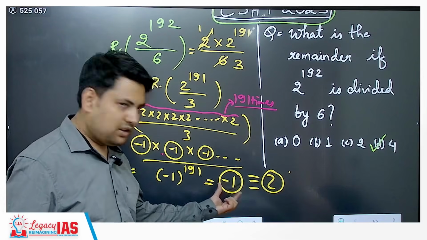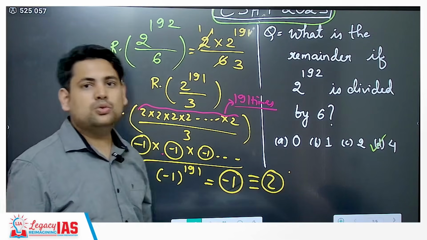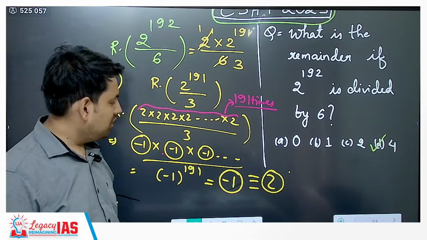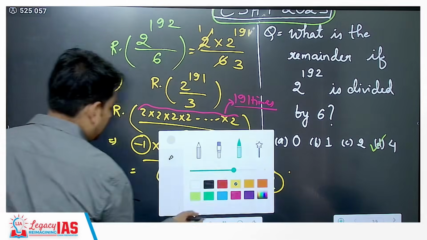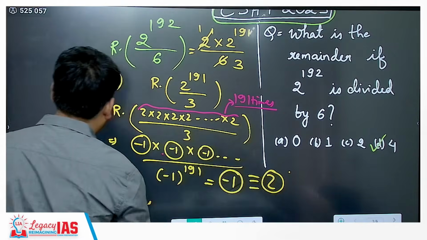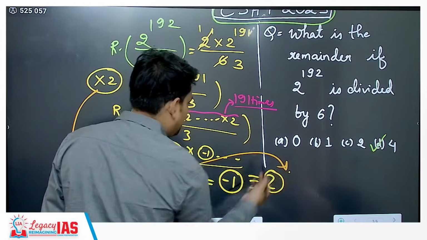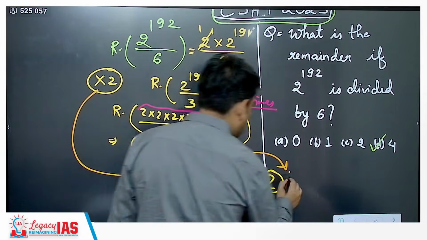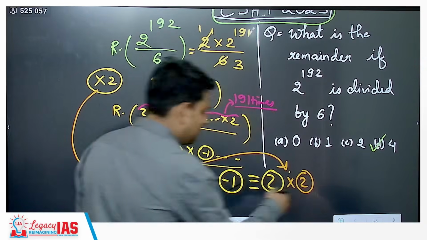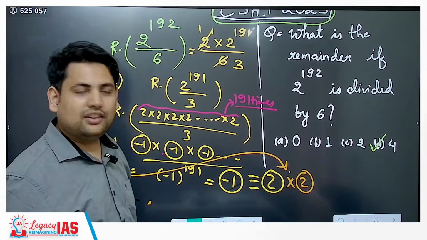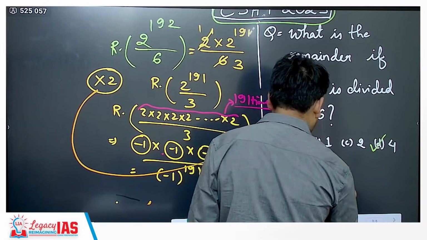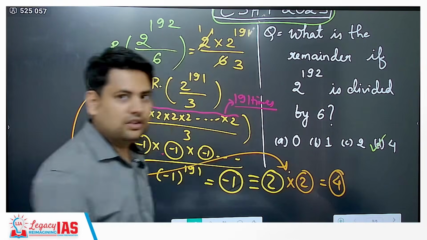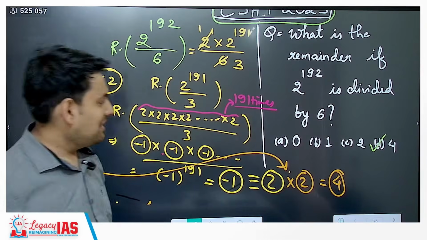So minus 1 remainder is equivalent to 2 remainder. Understood? So the remainder is 2 from solving this. But we must not forget the other 2, otherwise you get it wrong. So then you multiply it with the 2 that you cancelled out earlier. Now when you multiply them both, you get 2 into 2, that is 4. So your final answer would be 4.